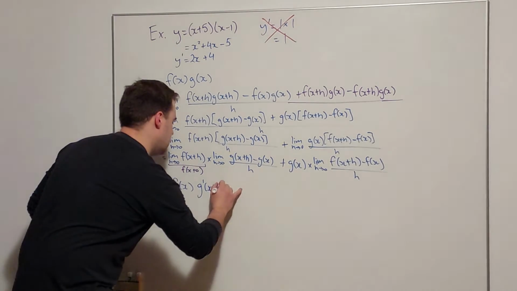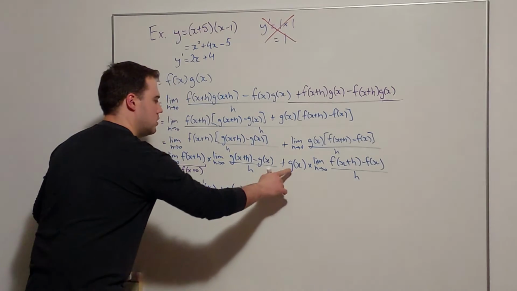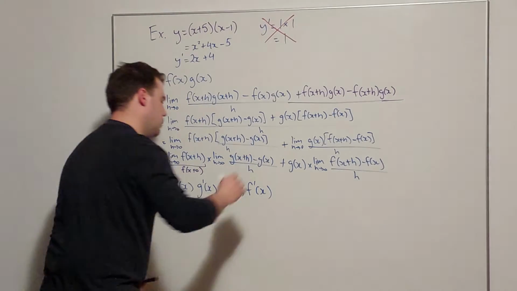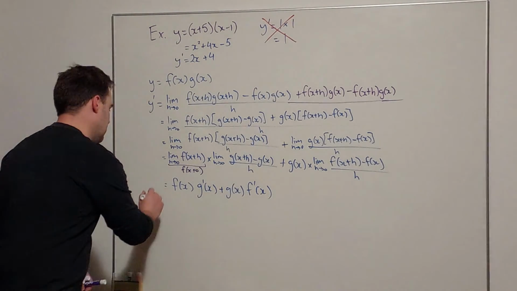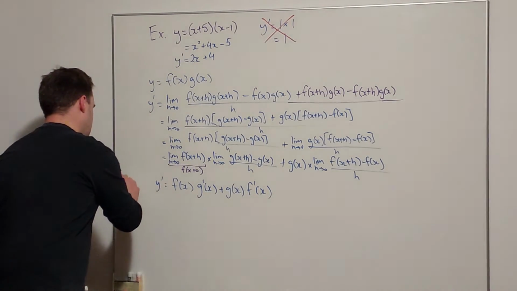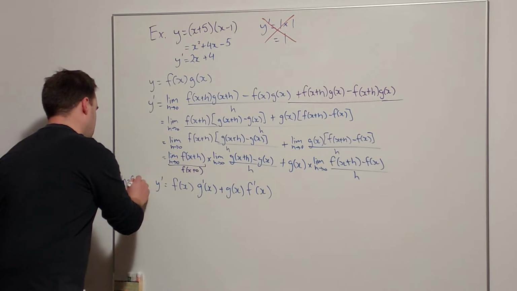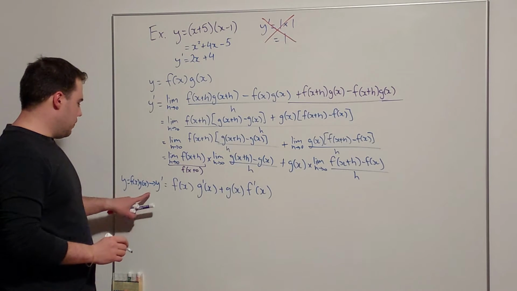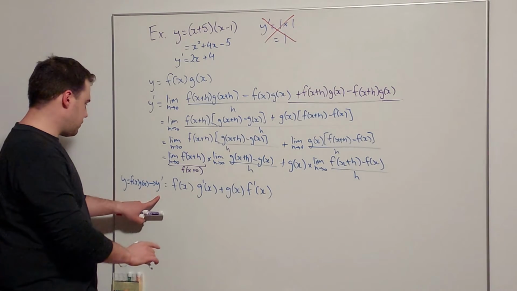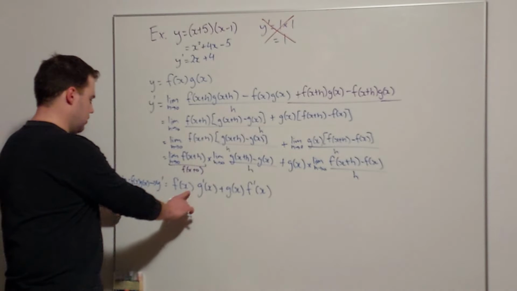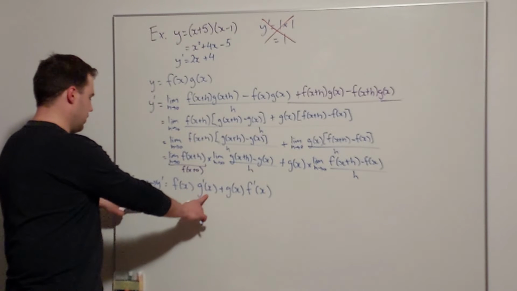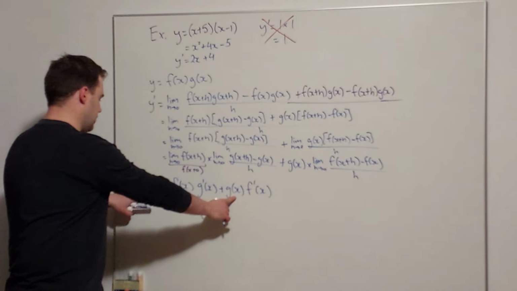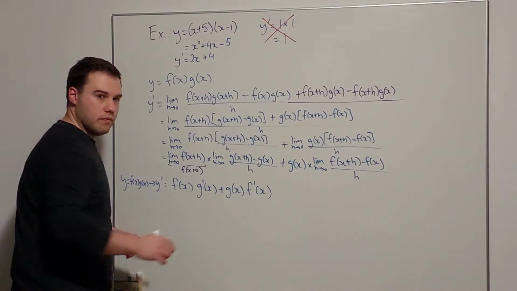g of x, plus we've got g of x times the derivative of f of x. And this is what we call the product rule, right? So if we've got two functions times together, their derivative is going to be the first factor times by the derivative of the second factor plus the second factor times by the derivative of the first factor.